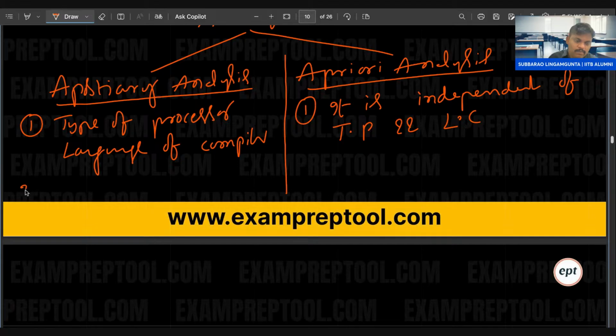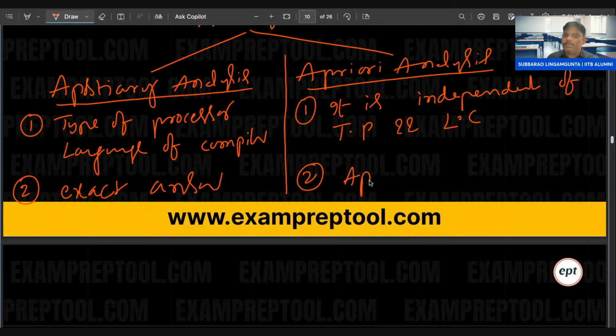Second one, because real things are taken into consideration, you will get an exact answer. In priori analysis, you will get an approximate answer.